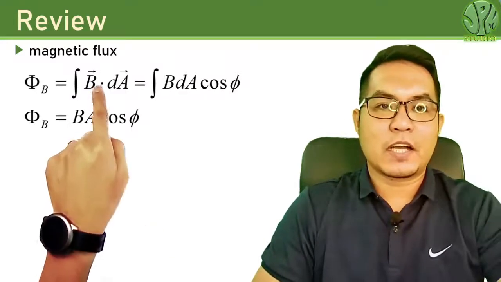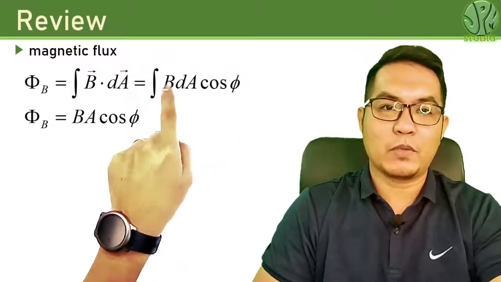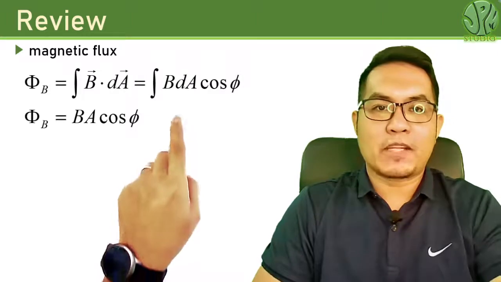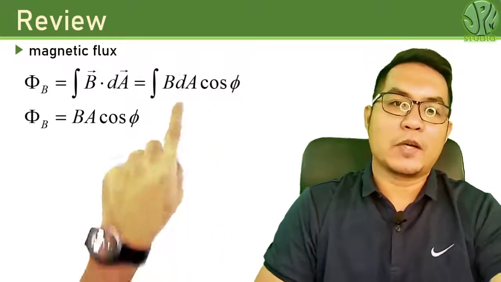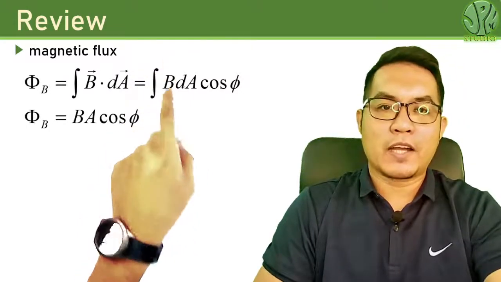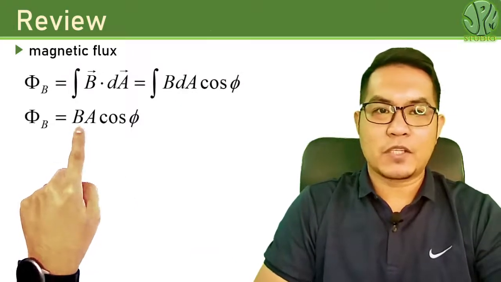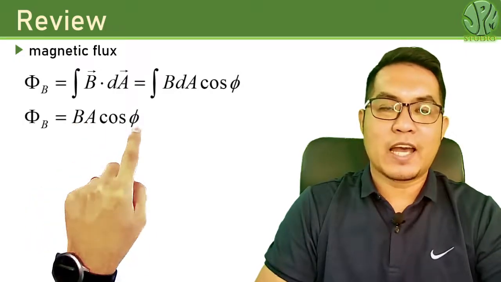Since this is a dot product, it's B dA cosine phi, where phi is the angle between B and the area. If your magnetic field and your angle phi do not depend on dA, then you can take them both out of the integral and you will be left with the integral of dA, which is just the total area.